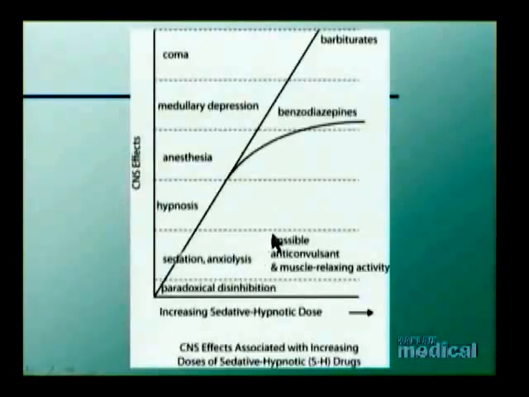Potentially, this level of CNS depression may also have anticonvulsant and muscle relaxing activity. It is this level of CNS depression that is generally looked for when we use benzodiazepines or barbiturates in ambulatory patients. Now, as you increase the dose further, the next level of CNS depression is that of hypnosis and eventually anesthesia.